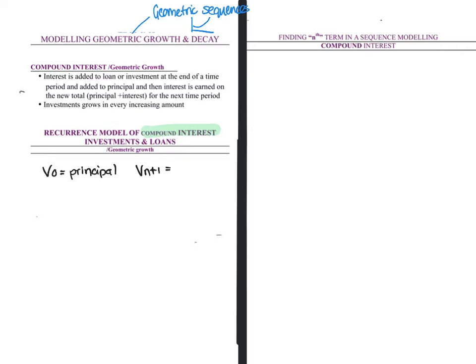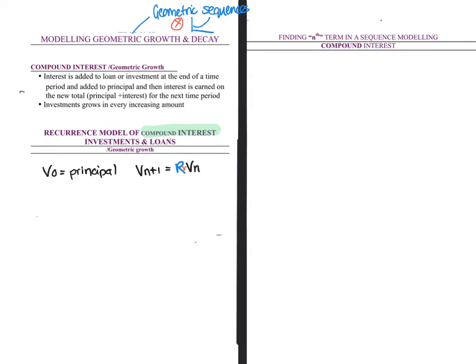Now, we're going to see this big R value, and like we had before we had the D, we've got the R now. Now, you can see that the R is multiplying. So when you have geometric sequences, that means you're multiplying by something. You're either multiplying by a number greater than 1 or less than 1.